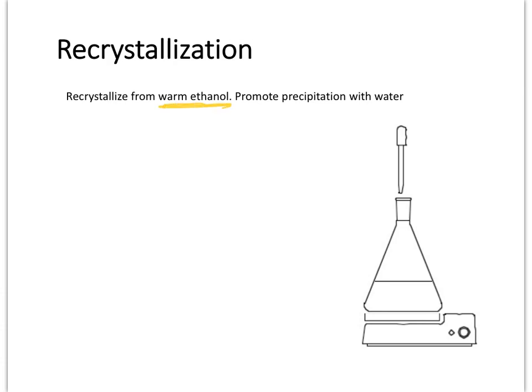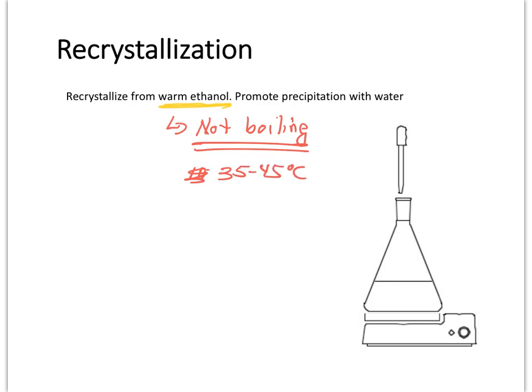Now, when they say warm ethanol, in this case, one change from what we normally do, we are not going to boil our ethanol that's going to be our recrystallization solvent. We want it somewhere in the range of 35 to 45 degrees Celsius.